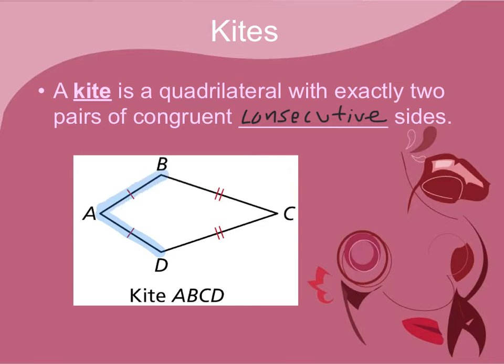Those are consecutive, meaning they go one right after the other, and those 2 are congruent, and then BC and CD are consecutive, and those 2 are congruent. So this makes a kite, like the ones you fly in the sky.